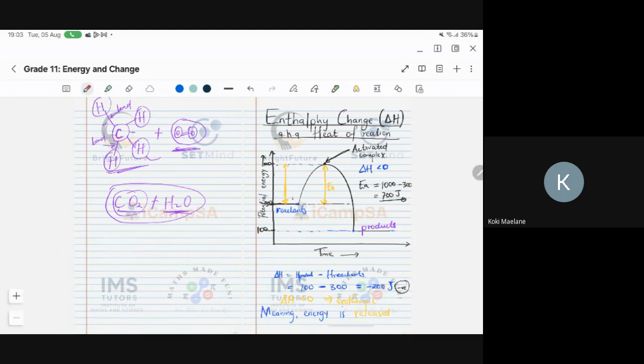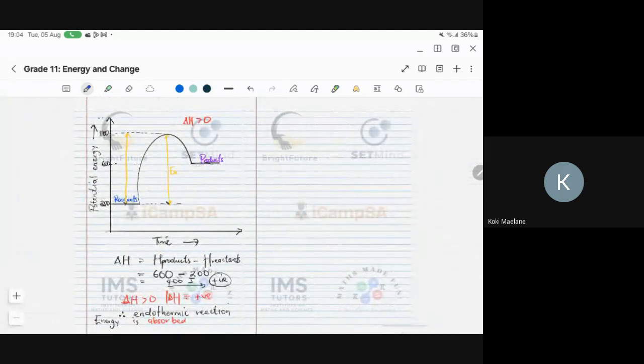Remember our delta H we're taking there. Let me use blue. This is our delta H. When we say delta H, this is what it means on the graph, because we take the difference between the energy of the product and that of the reactants. Same thing as here. This will be our delta H.